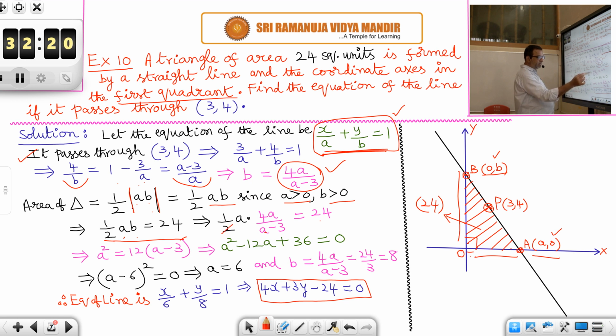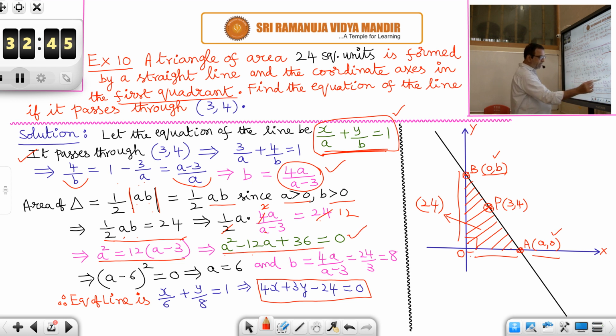So, the 2 and the right side 24 get cancelled, and you get 12. Therefore, a square by a minus 3 is equal to 12. So, a square is equal to 12 into a minus 3. It is just like a quadratic equation. If you take all the terms to the left side, a square minus 12a plus 36 equal to 0.